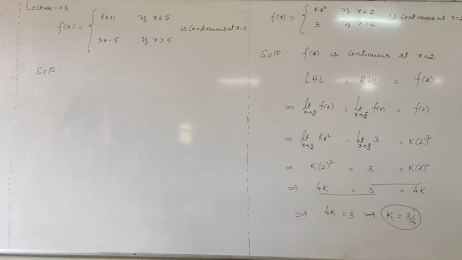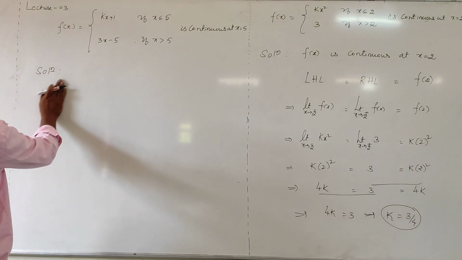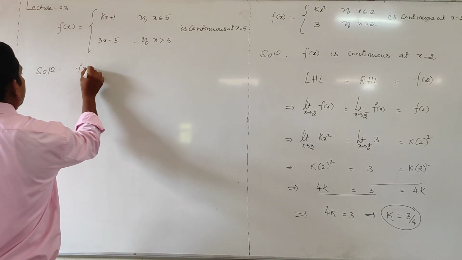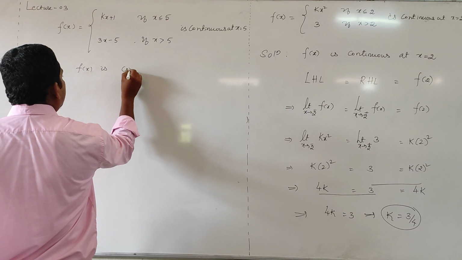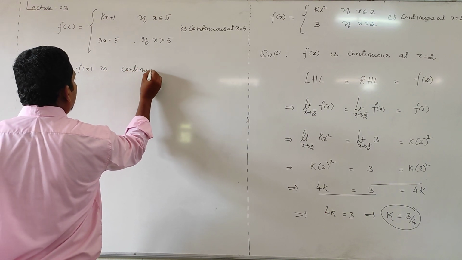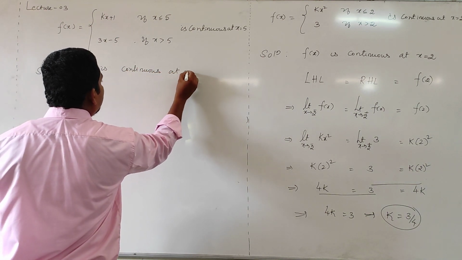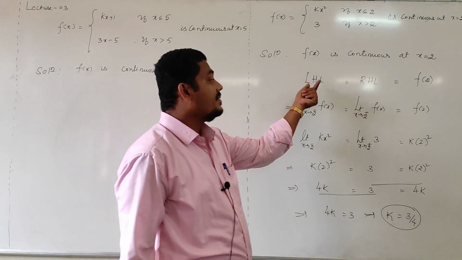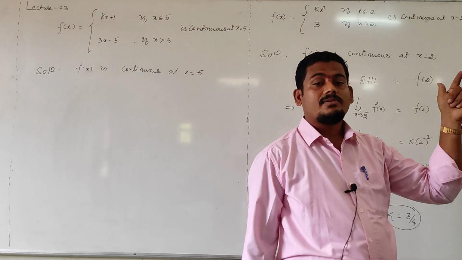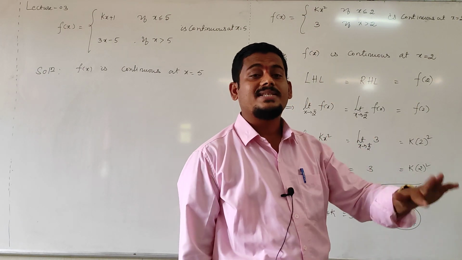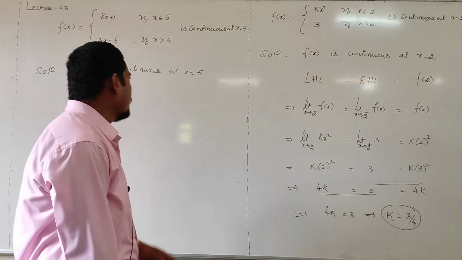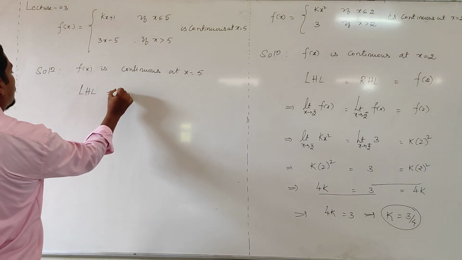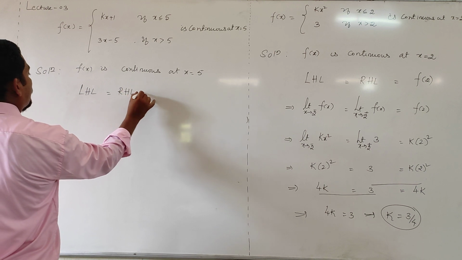This problem is also important for 4 marks. Now what have they given? f of x is continuous at x equal to 5, and writing this step is very important. LHL equal to RHL equal to functional value, once they declare the function is continuous.